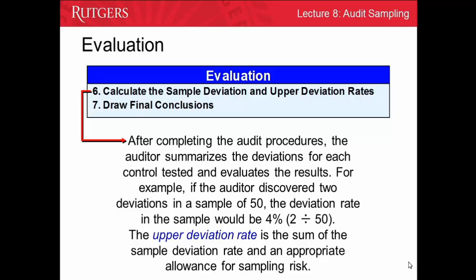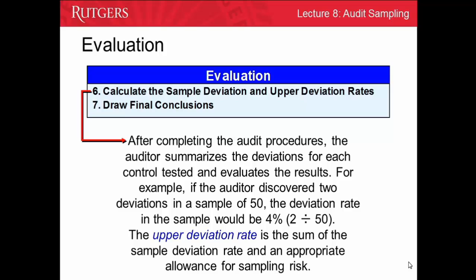This sum represents an upper limit on how high the population deviation rate might actually be at a controlled level of sampling risk. In other words, at a 95% confidence level, there is only a 5% chance that the true population deviation rate exceeds the computed upper deviation rate.